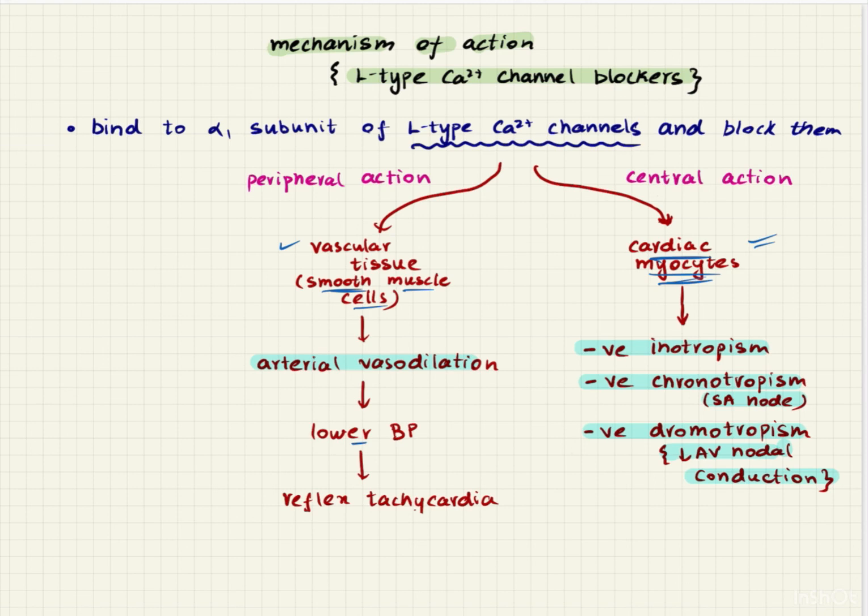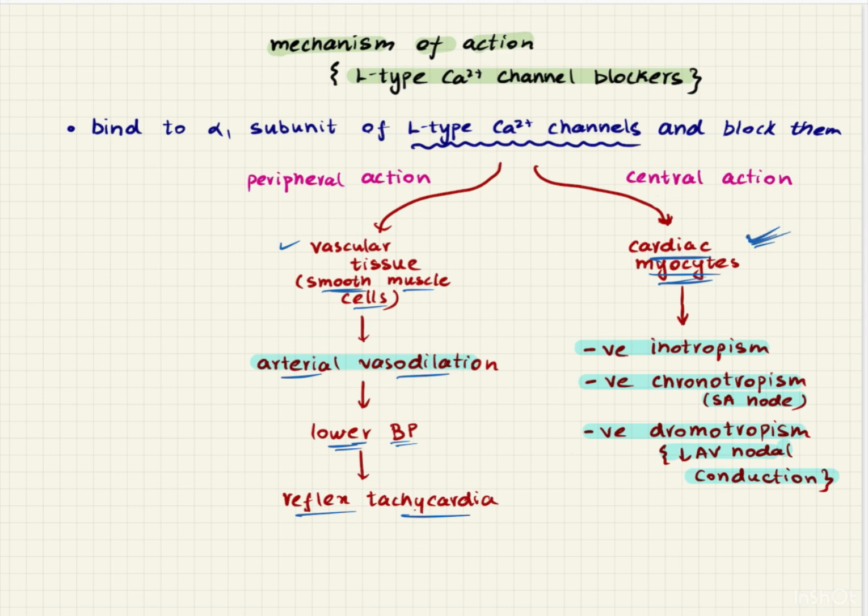And now, when calcium channels are blocked in the vascular tissue, in the smooth muscle cells lining the blood vessel, it will result in arterial vasodilation and lower the BP, which will result in reflex tachycardia.